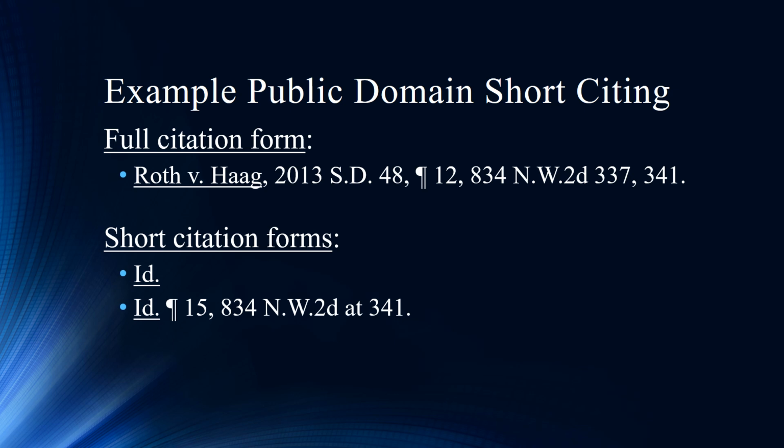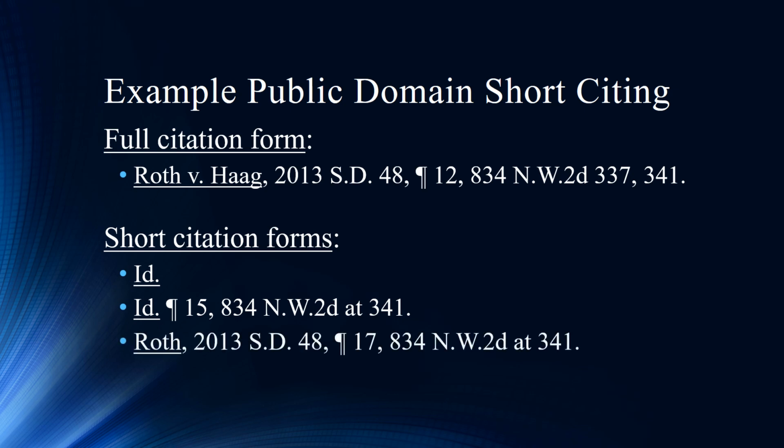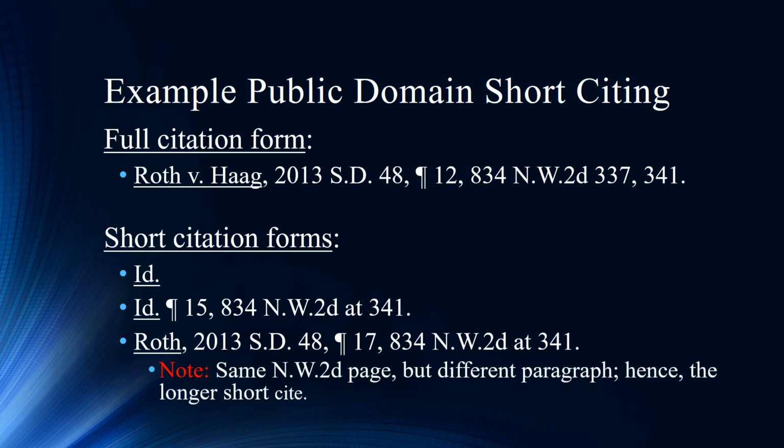The final format, and the longest, is when we short cite to a public domain case that was not the immediately preceding authority. Like with other short citations, we can shorten a case name to just Roth. However, notice, if we are not citing the same paragraph or page number, the entire public domain citation must remain, as does the paragraph, as does most of the Northwest 2nd information, minus the first page of the case.